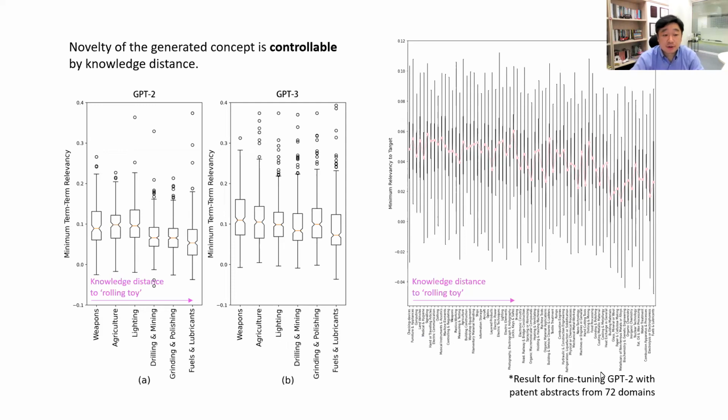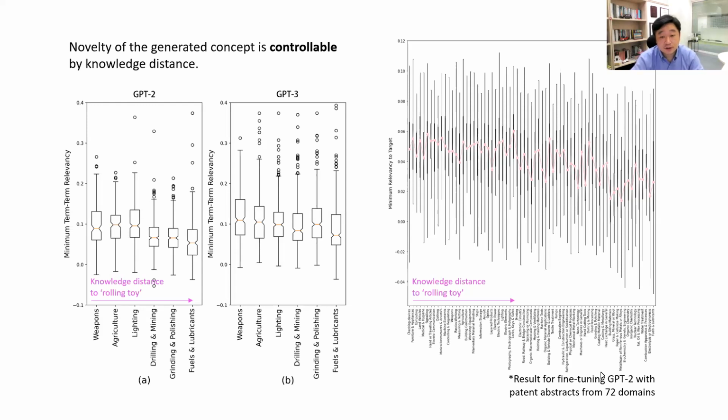So the concepts generated with both models actually exhibit novelty. And then we also found the novelty of those concepts, as evaluated based on TechNet, is highly related to the knowledge distance between rolling toy, that's the design target domain, and also the knowledge base of the fine-tuning data sets for fine-tuning those AI models.